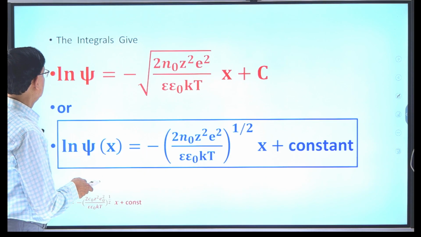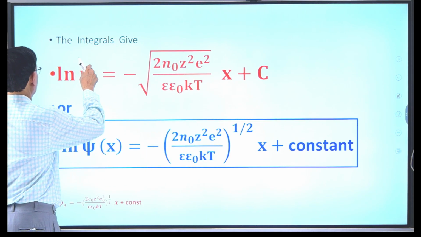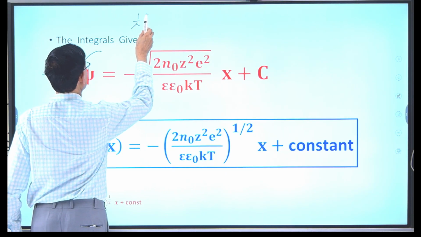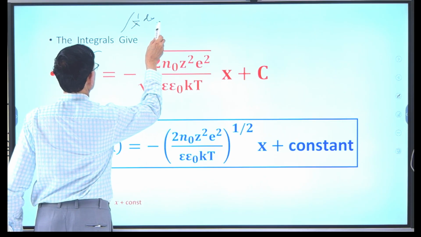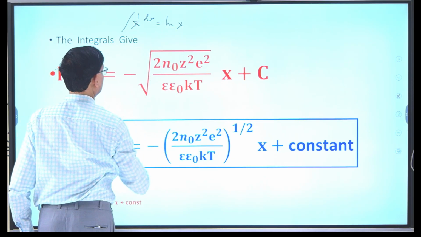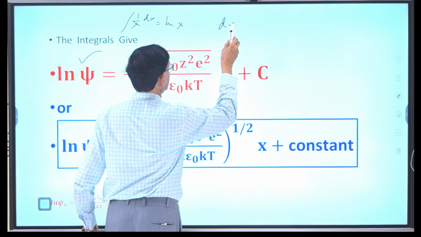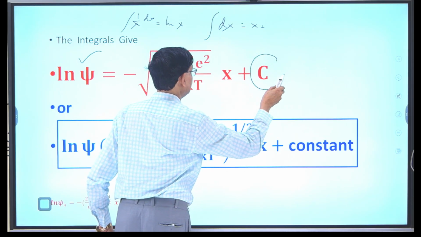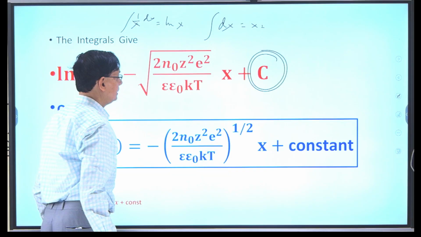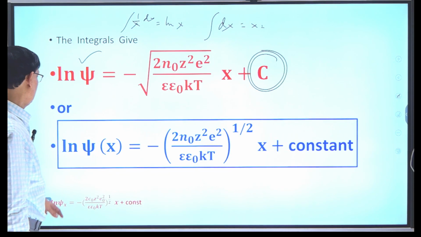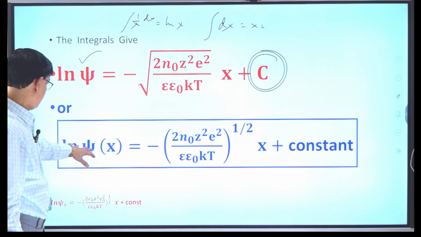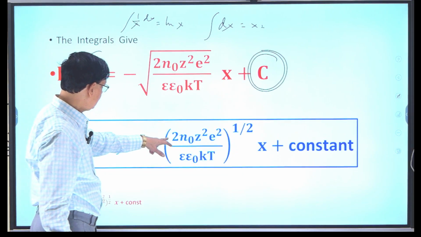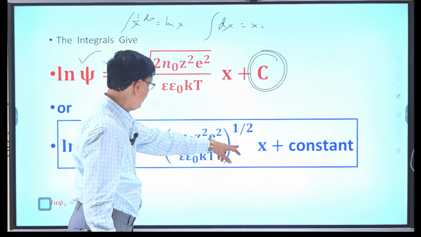So finally, I am getting natural log of psi, 1 by x dx log x like that. Very simple integration. X plus again c. Boundary condition. We have to apply boundary condition. So I am getting natural log potential x minus 2n0 z squared of x.